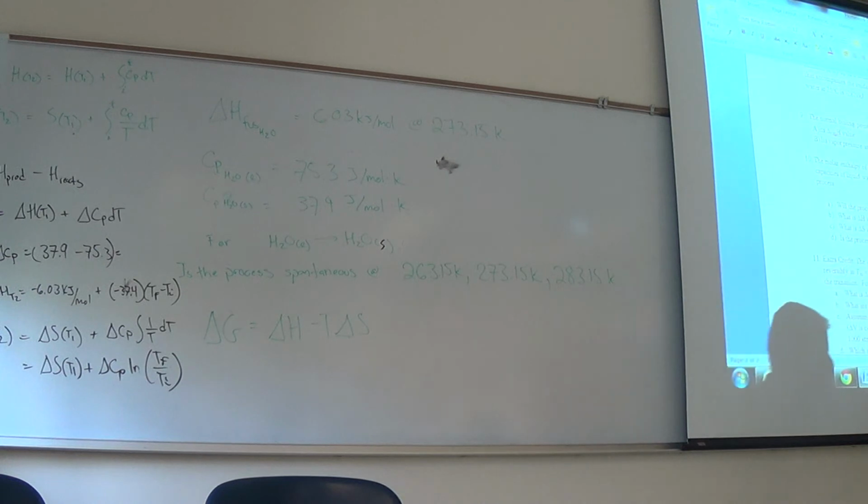But to do it, you're going to need your adiabatic relationships, and since the problem's already on the board, I'm just going to put these up on the board for you real quick.